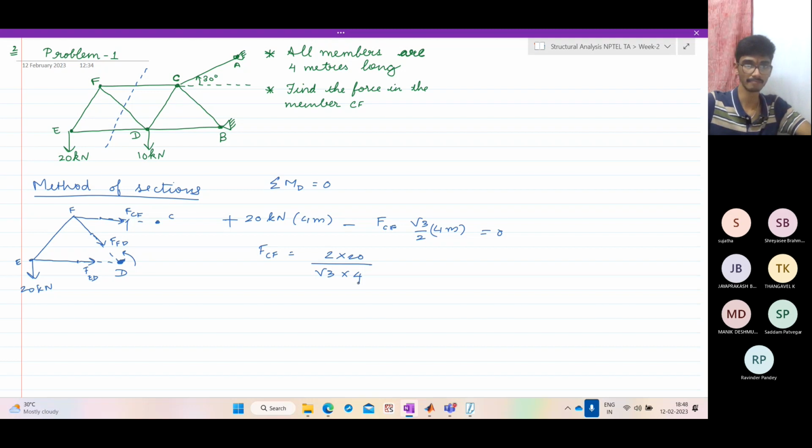Hope I'm right. How much is this value? Let us check. Sorry, it's not 2 into 20, it is 4 into 20, right?